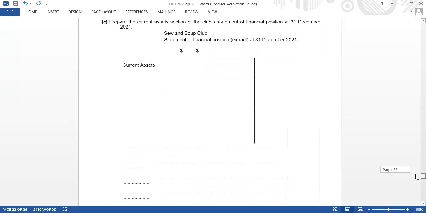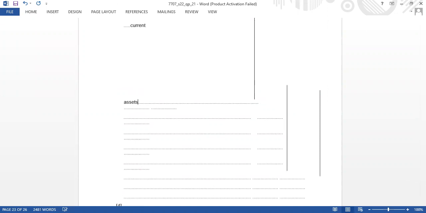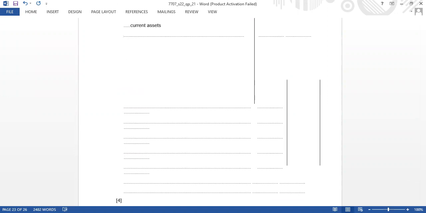C part. Prepare the current assets section of the club's statement of financial position at 31st December 2021. Current assets. Okay. Current assets include trade receivables.